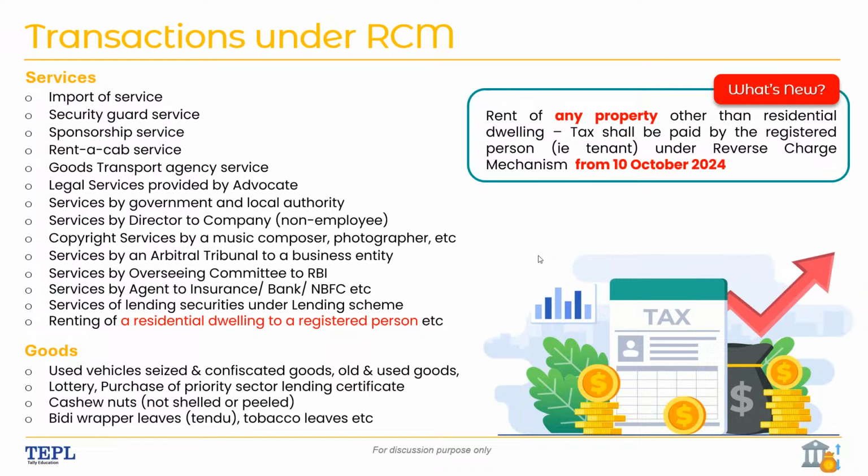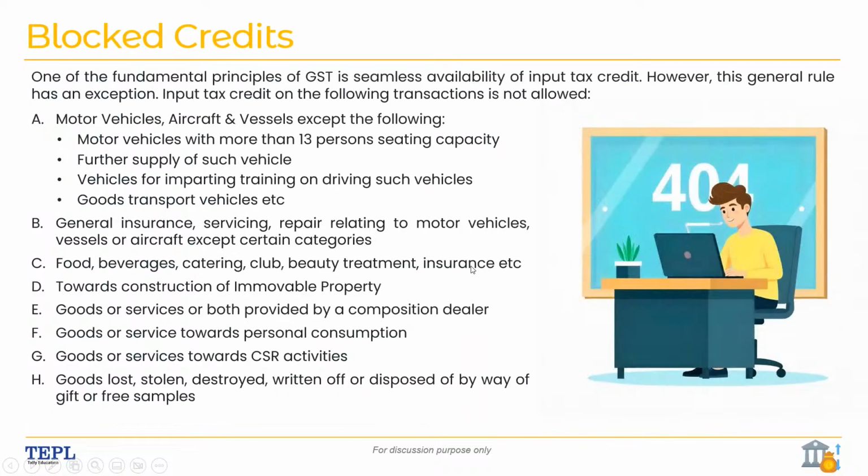So this is the general rule that you will get input tax credit on goods, services, capital goods that you purchase, and you will be eligible for a knockoff with your output supply. However, this general rule has certain exceptions where certain credits that you pay for, you will not be eligible for a credit in your monthly returns.